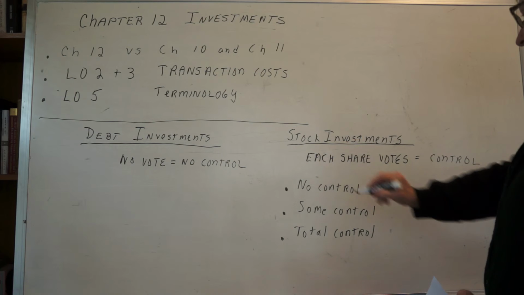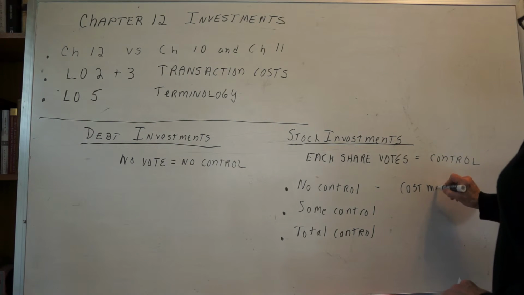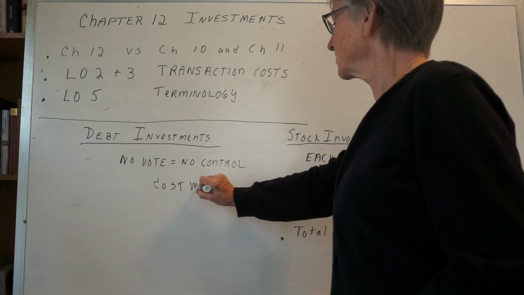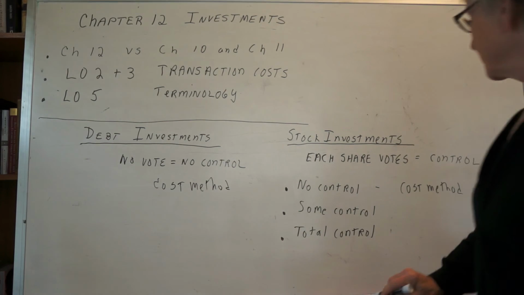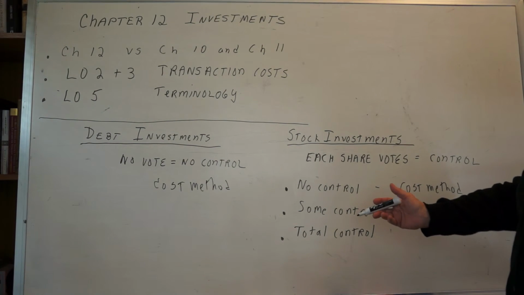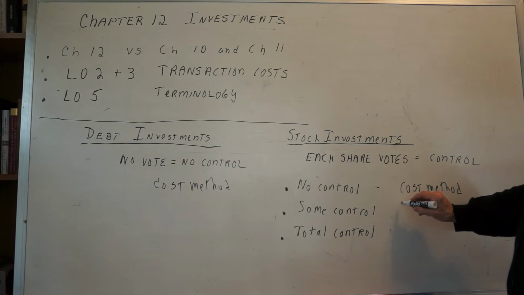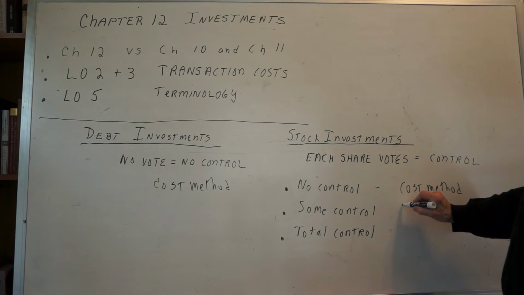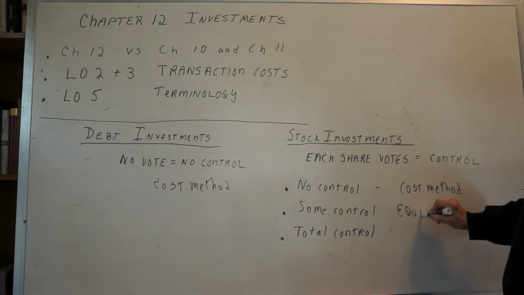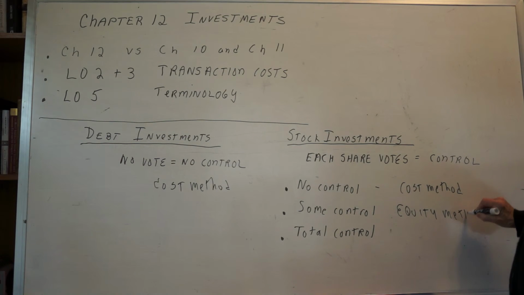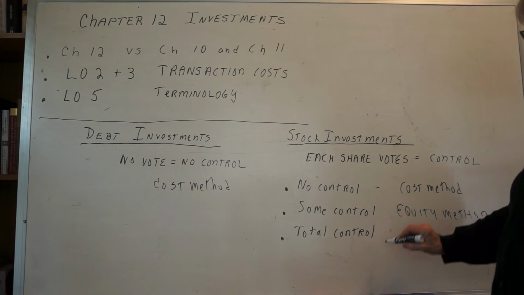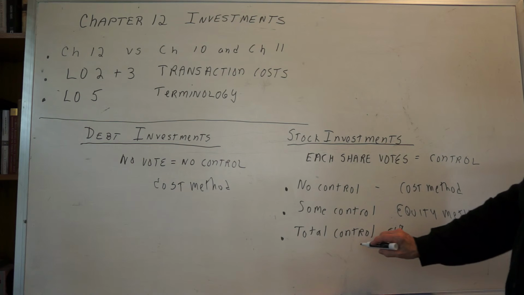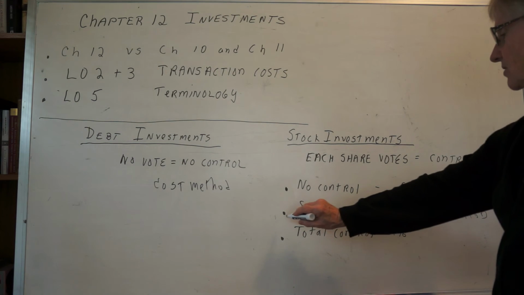Where there's no control, we're going to also use what's called the cost method, which is the same that we would use for our debt investments, because they also have no control. If you have some control, in other words, maybe you own 20 to 50% of the stock of another company, you've got enough votes to influence their policies a bit. And so in that case, we're going to use what's called the equity method to account for it. And then if you have total control, if you own 51% of the stock or more, then we're going to be filing consolidated financial statements.